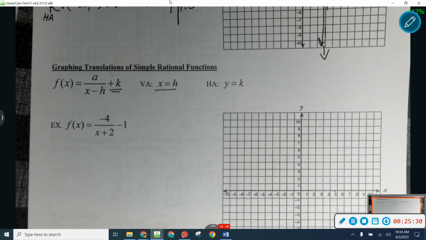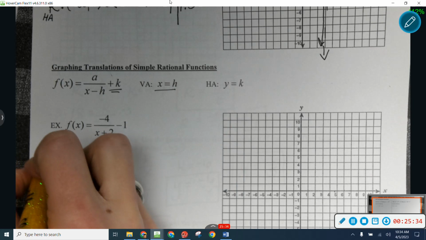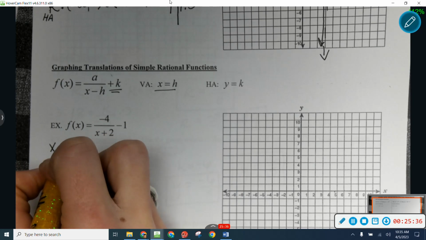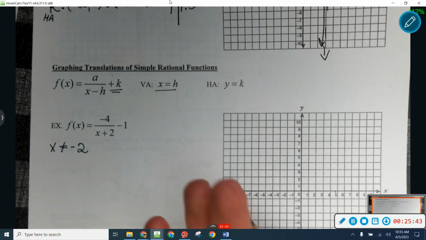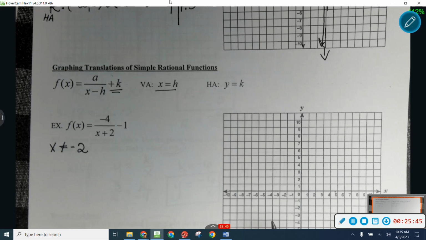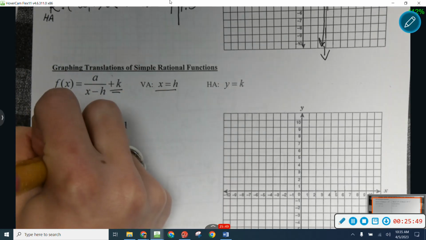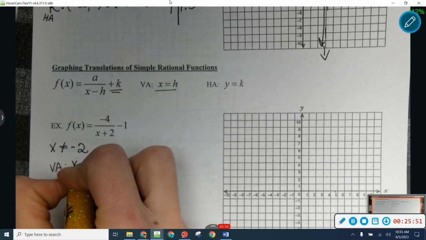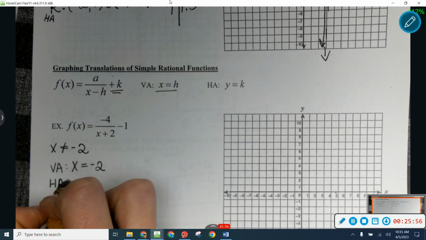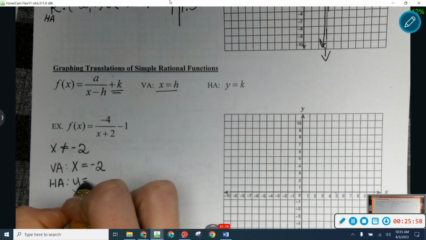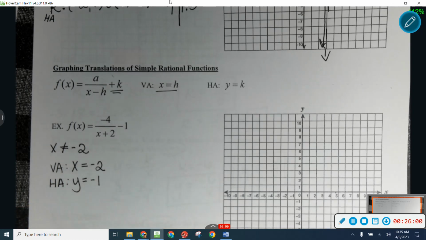Okay? Now we still need a restriction, right? X cannot equal what? X cannot equal -2. Well, if you notice, that's still going to be my vertical asymptote. Okay? Your denominator restriction will always be your vertical asymptote. But now my horizontal asymptote is going to be y equals -1.